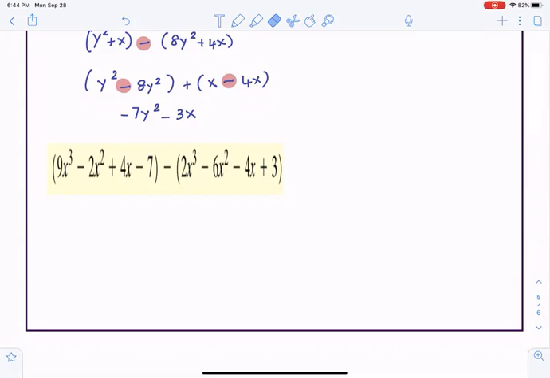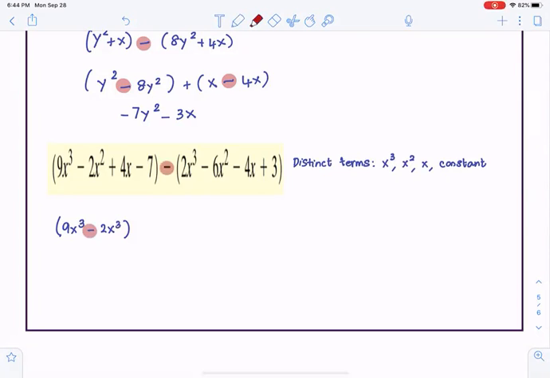We have to pick the distinct terms. The terms are x cubed, x squared, x, and constant. So first grouping would be for the x cubed terms. So 9x cubed minus 2x cubed. The minus corresponds to the term in the middle.